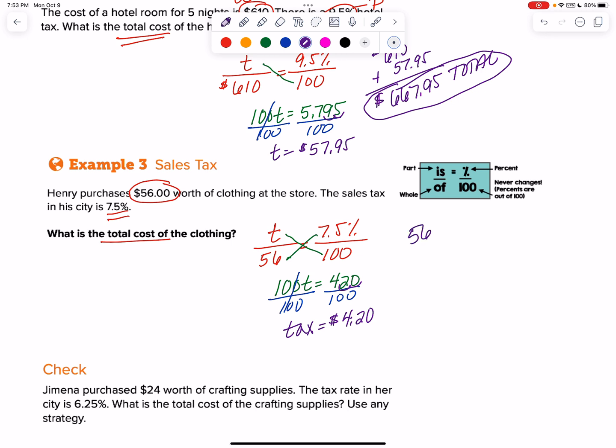So $56 plus 420, and you end up with $60.20. And remember, we need to write total and circle. Okay. All right, so there we go with that one.